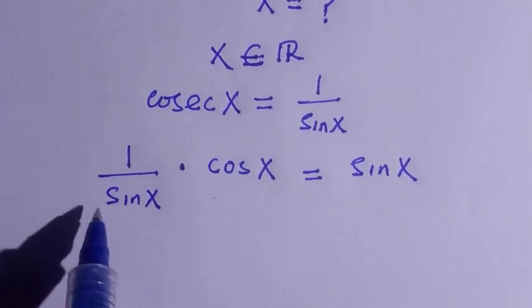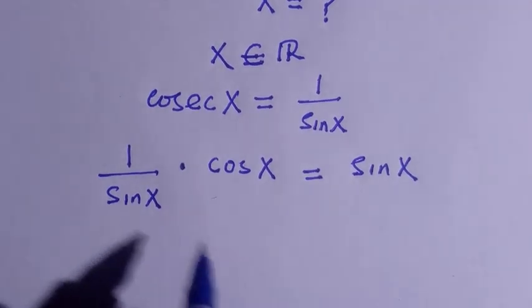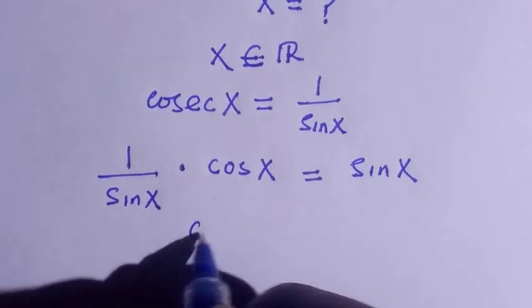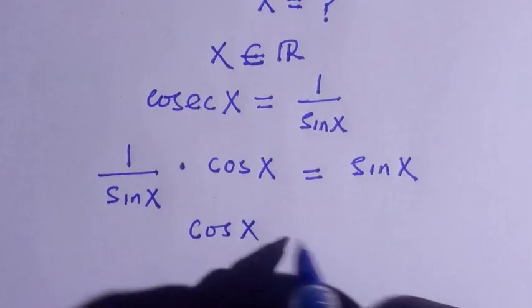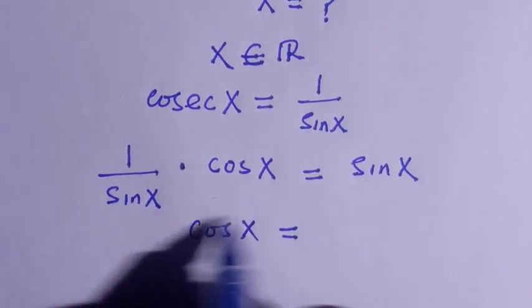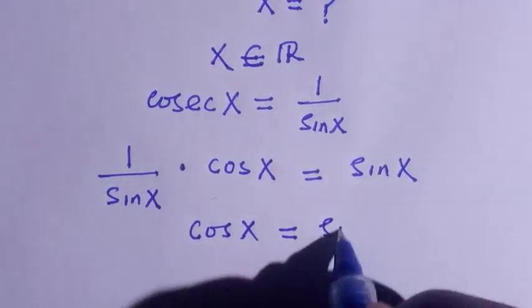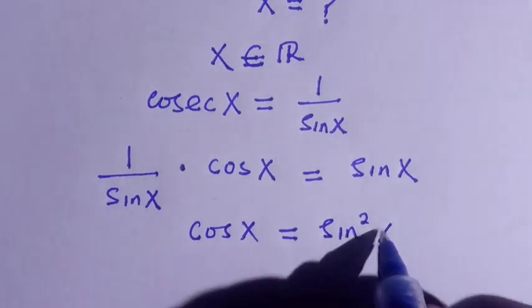So when we multiply both sides by sin x, this one reduces to cos x equals, so this sin x will multiply this, and we have sin square x.